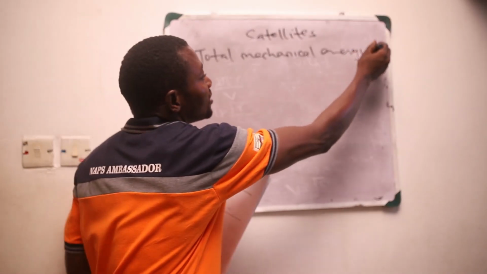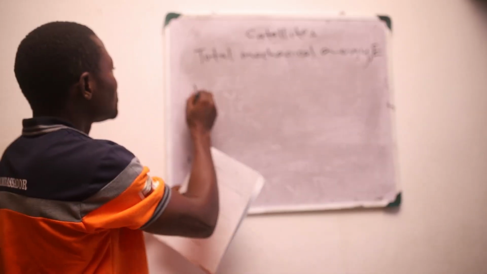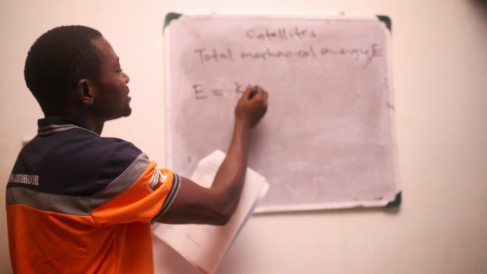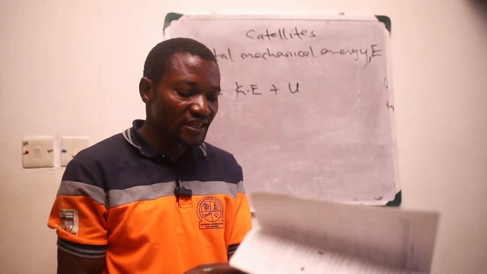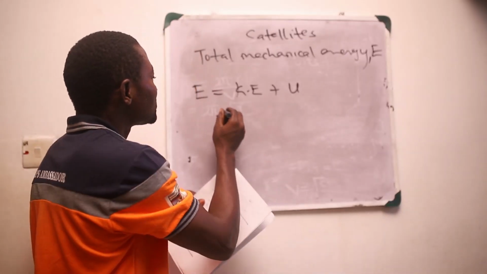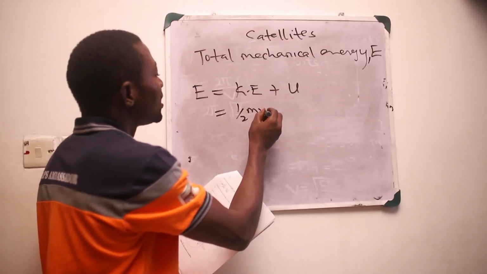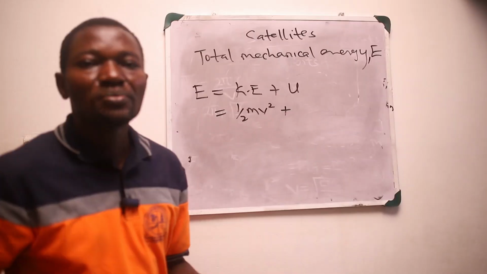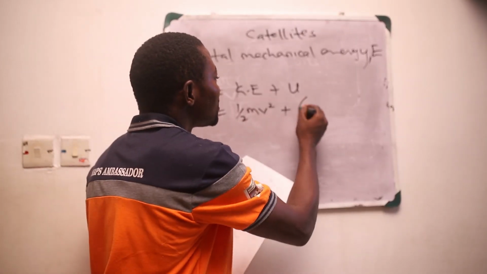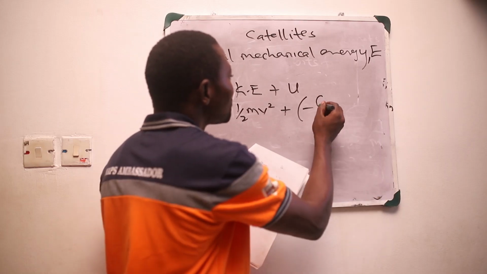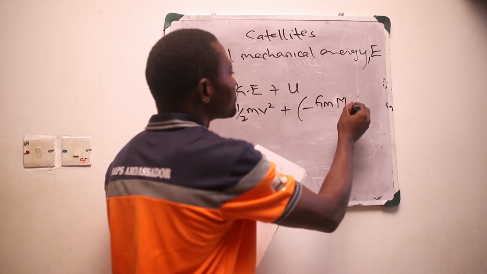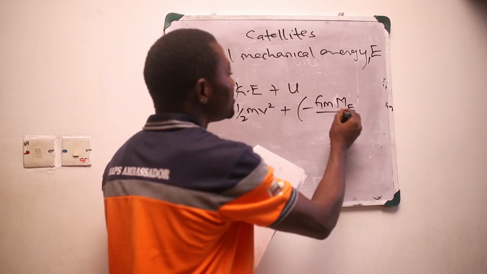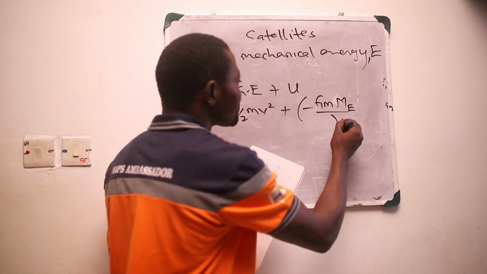And total mechanical energy, E, is equal to kinetic energy plus potential energy. And kinetic energy is half mv squared. The potential energy we are talking about here is the gravitational potential energy, and it is given by this expression.